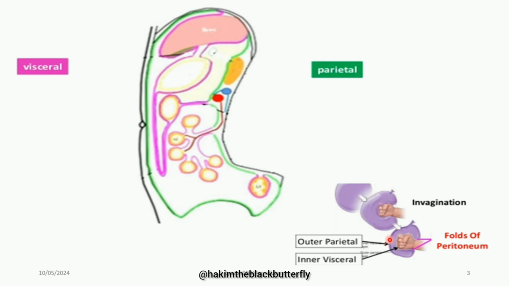Then the one that is far away from the fist, that is the parietal layer. Between the two, we have a space that now we are calling the peritoneal cavity, containing only fluid. Your organs are outside. Your organs are just wrapped around by the visceral peritoneum. Okay? So hope that is clear.